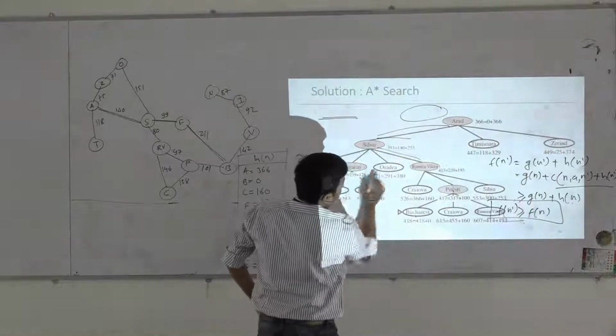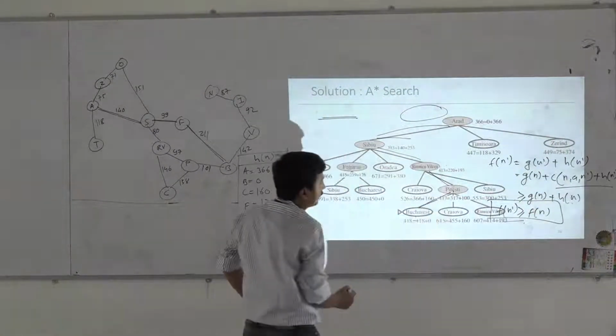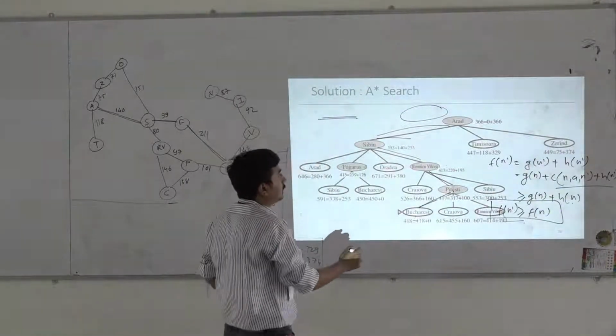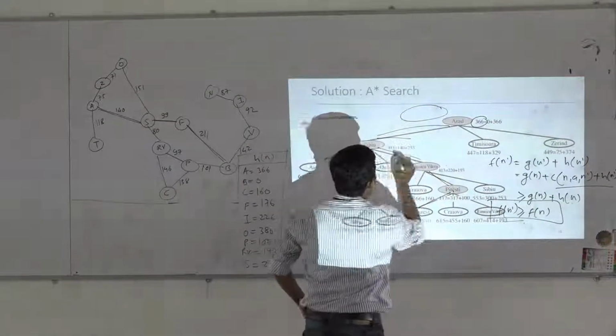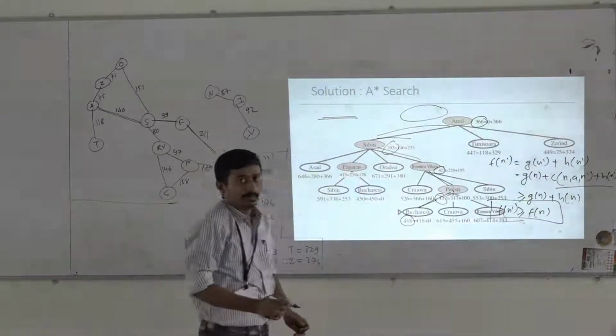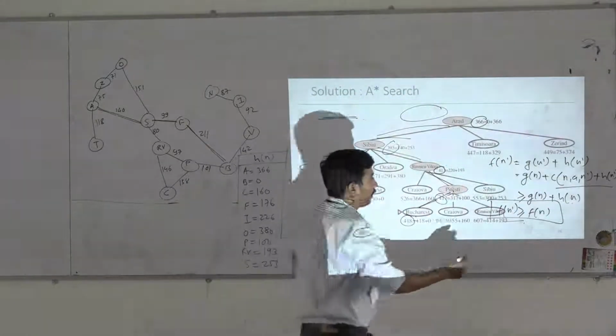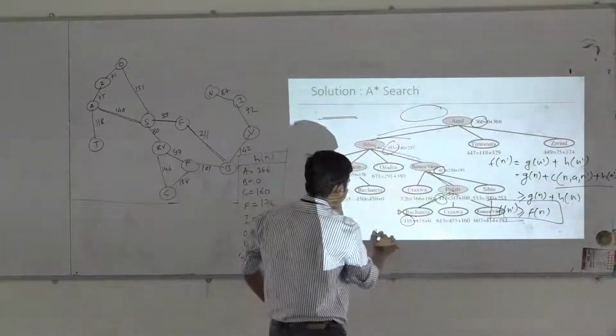This, then this, then this, and this one, right? And along this solution path, observe the value of f of n. It is increasing, right?